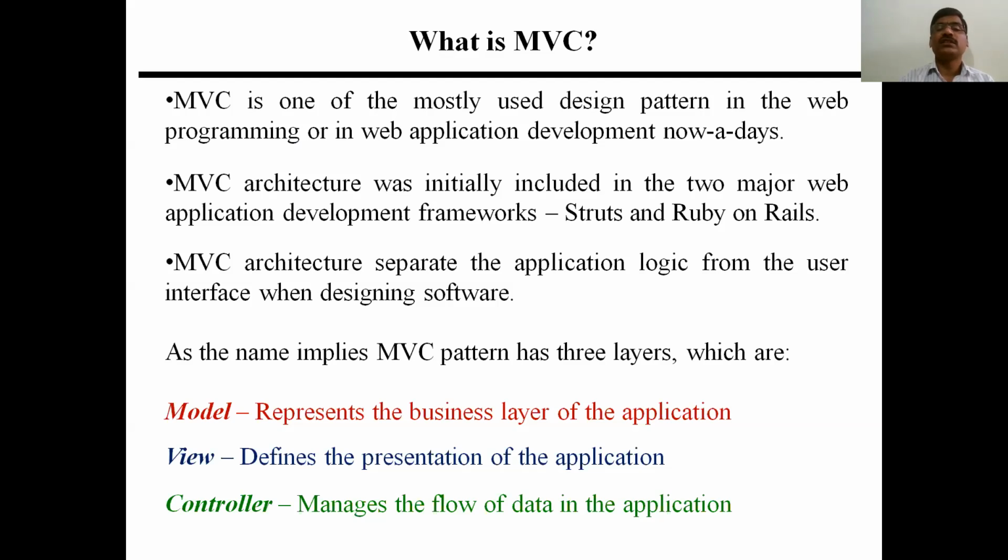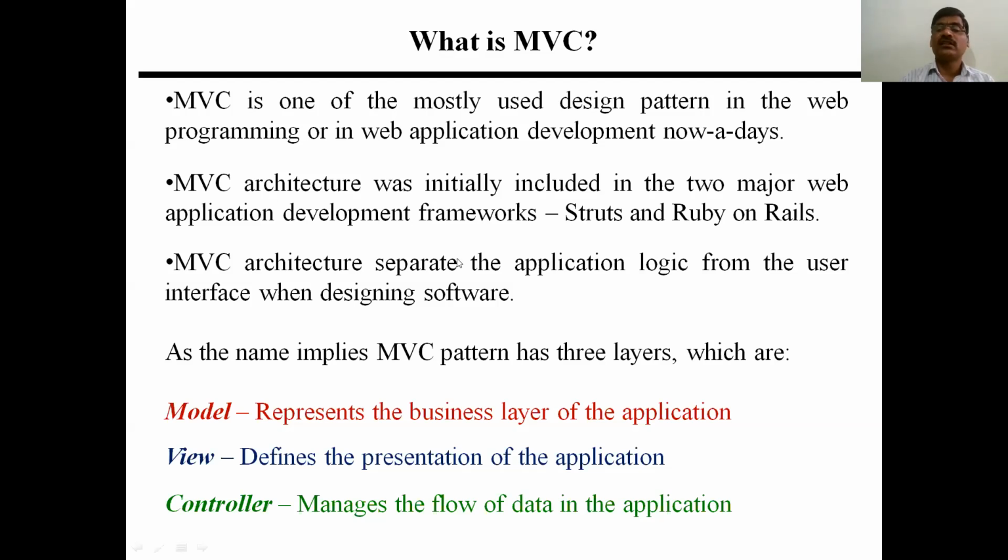MVC architecture was initially included in two major web application development frameworks, that is Struts and Ruby on Rails. These are two different types of web application development frameworks, Struts and Ruby on Rails. These are the first web application frameworks which introduced this MVC architecture.